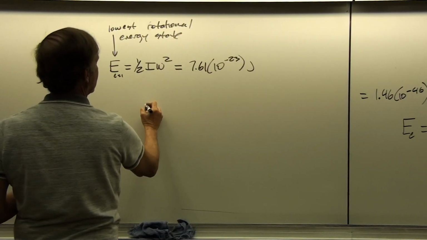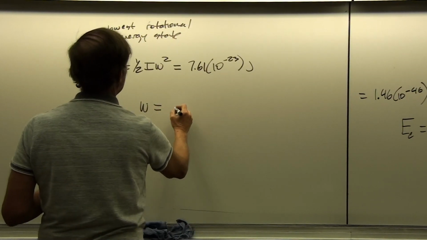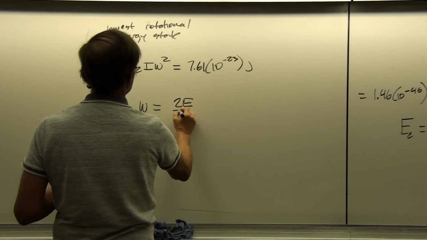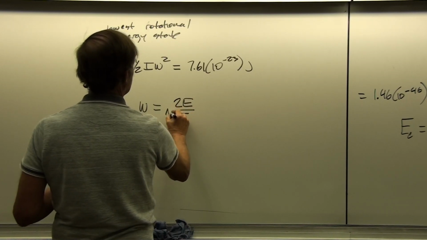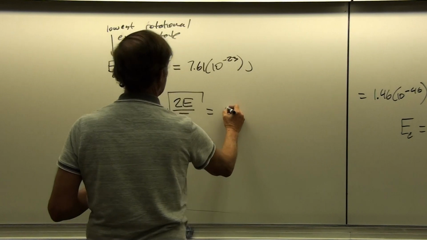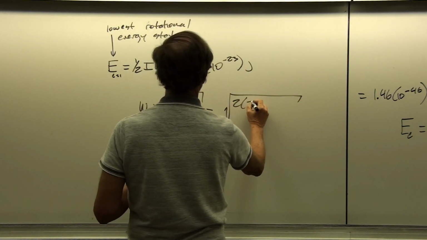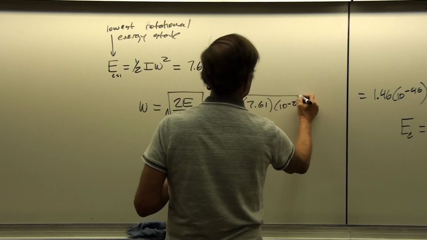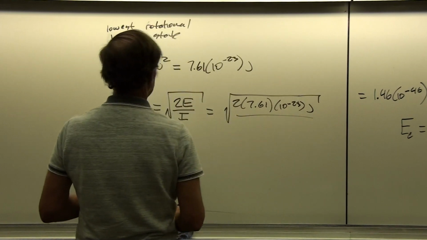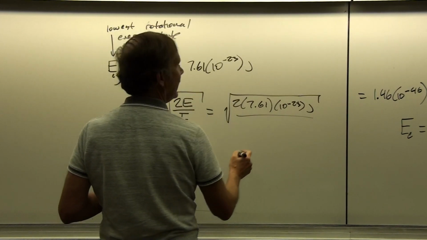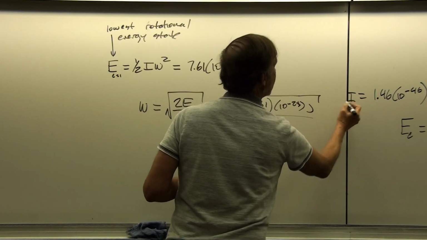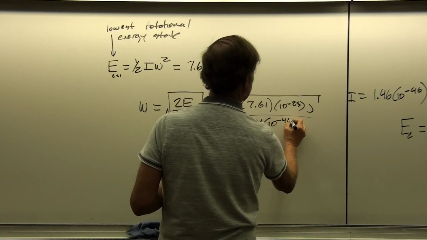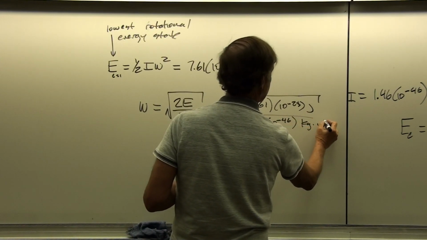So we can then solve this for omega. That's going to be equal to the square root of 2E divided by I, which is the square root of 2 times 7.61 times 10 to the minus 23 joules divided by I, which we still have over here, is 1.46 times 10 to the minus 46 kilogram meter squared.